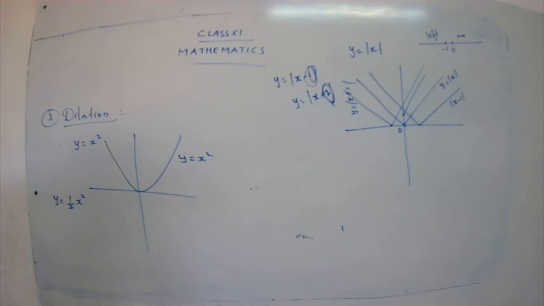So you have to just follow this condition. Clear? So if the multiplying factor is greater than 1, the graph will move away from the x-axis, and if it is less than 1, it will move towards the x-axis.